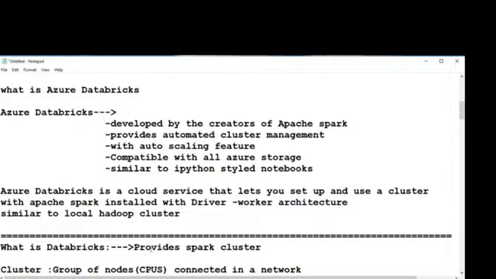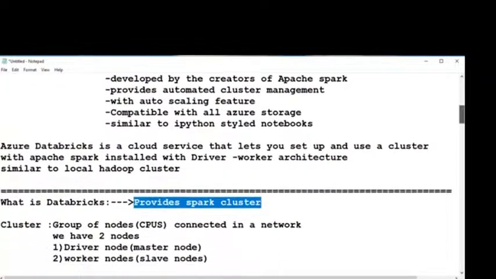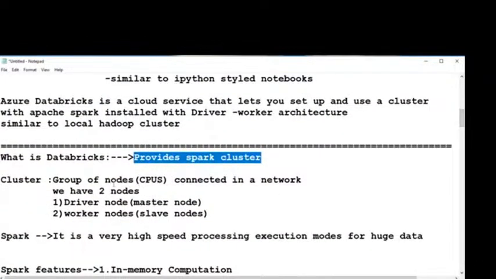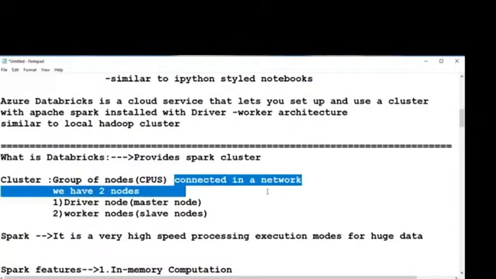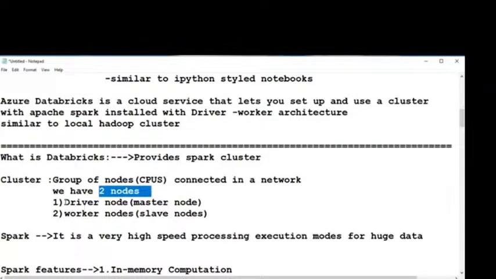What is Databricks? It provides a Spark cluster. It has a group of nodes, CPUs connected in a network. We have two nodes, driver node and worker nodes. Driver node is the master node, worker node is the slave node.